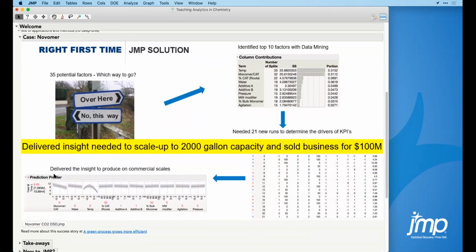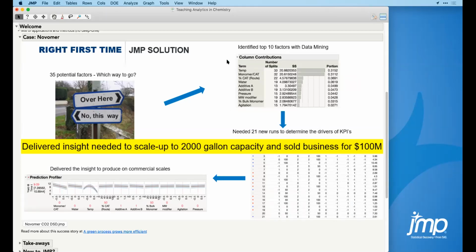So here you see a bit about the journey Novomer did using JMP. They started with 35 potential factors. So it was a lot about screening at the beginning, root cause analysis, and they used JMP for data mining. And a result from this first phase was a subset of 10 factors.